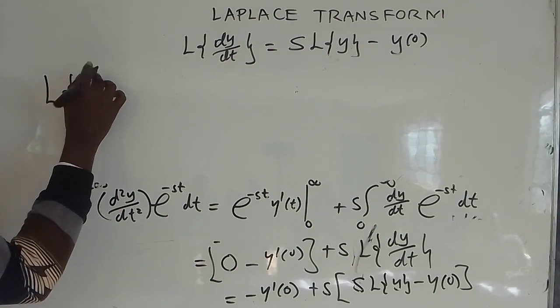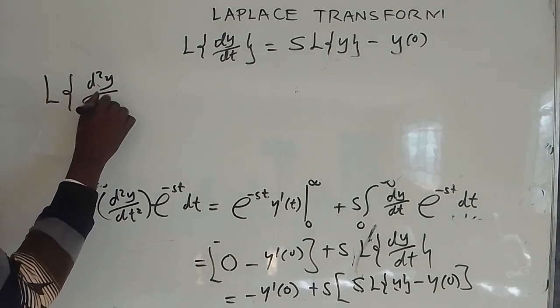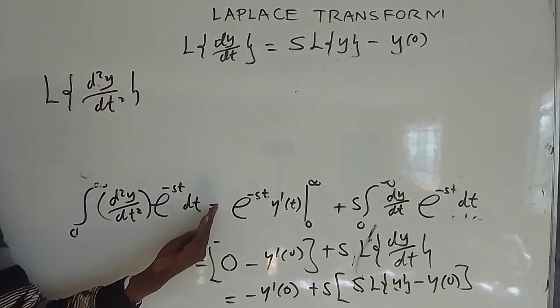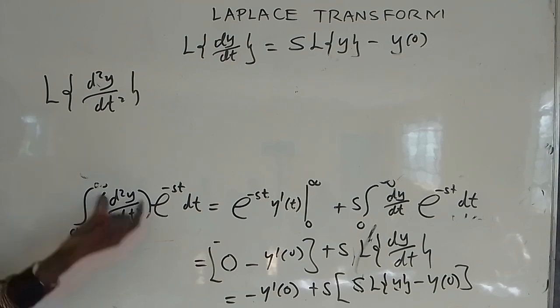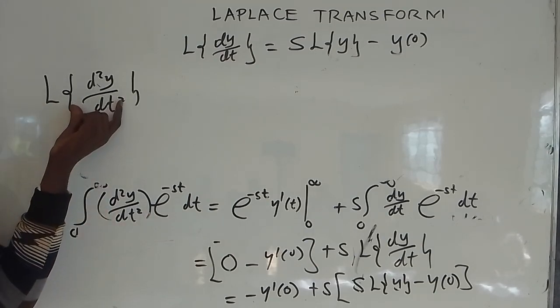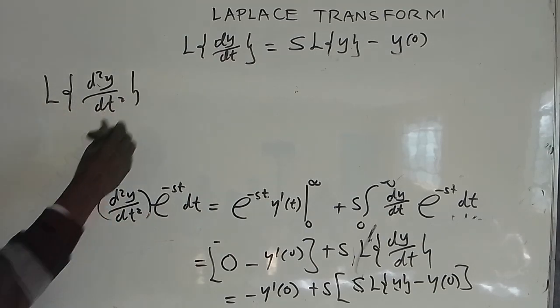The Laplace transform of d squared y over dt squared. That is this part of the equation, isn't it? Because this is our function f of t. So it is the Laplace transform of f of t, and our f of t is d squared y over dt squared, to be equal to what?